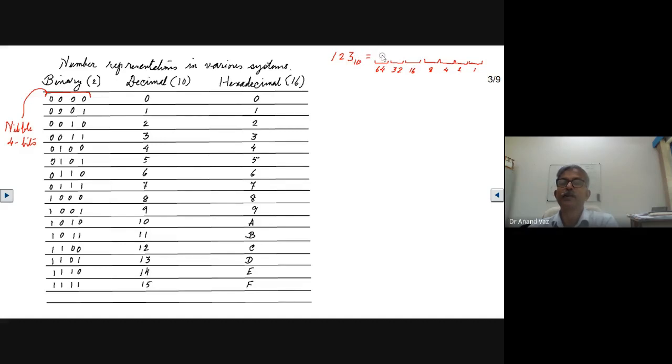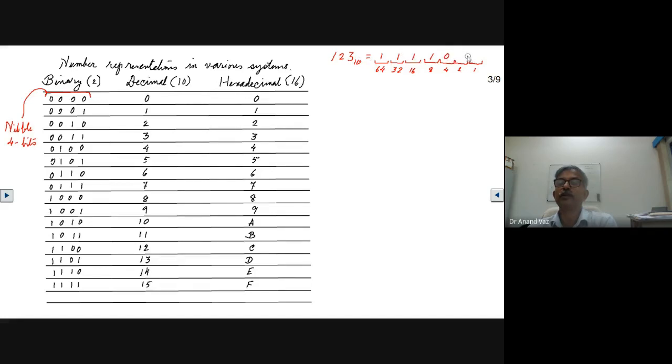So here, if you take 1, you're having 64. If you place here a 1, you will have 64 plus 32, that is 96. So you place a 1 here. 96 plus, if you do 16, you will get 112. 112 and 8 will be 120. But you want 123, so you can't add a 4.